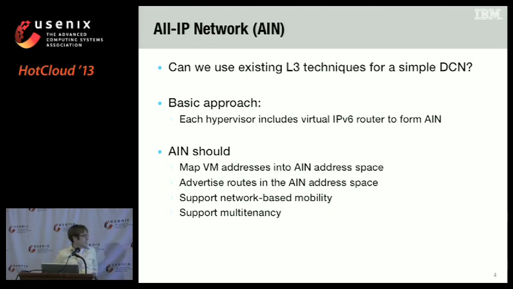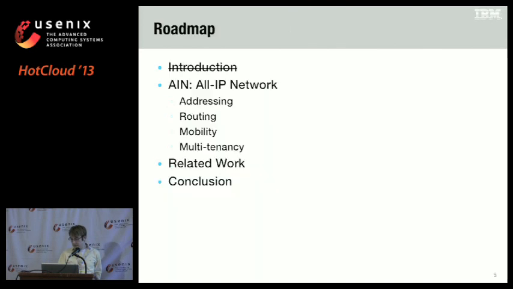This network would then need to map the VM addresses into this all-IP network space, advertise the routes, and support the mobility and the multi-tenancy, basically all the things we require in a cloud setting. For the rest of this talk, I'm going to go through an exercise of each one of these aspects, the addressing, the routing, the mobility, the multi-tenancy, if you had this kind of all-IP network in the data center.